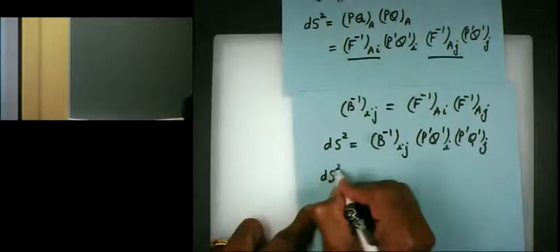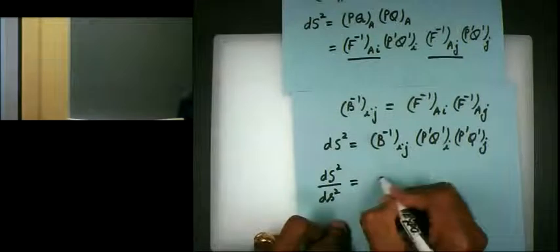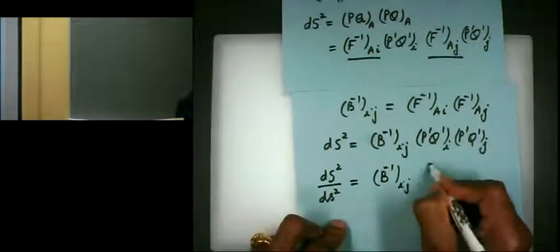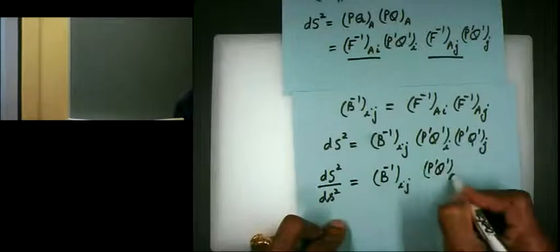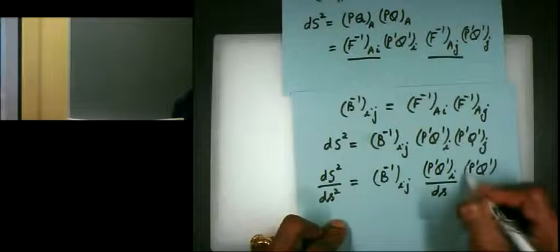Okay, so now if I divide this by the length of P prime Q prime, so I get B inverse ij as P prime Q prime i over ds, P prime Q prime j over ds.